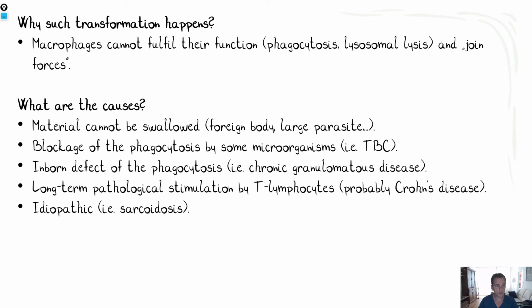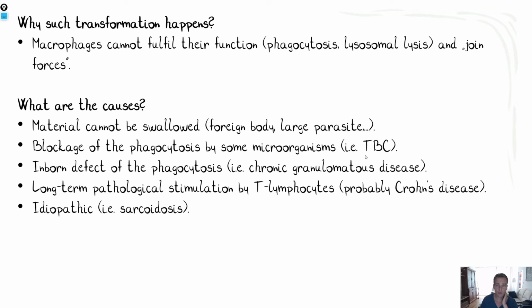What are the causes? The material cannot be swallowed. This is the case for foreign body granulomas. So basically there is nothing wrong with the macrophages. They just cannot swallow the big foreign body. Some microorganisms are able to block the process of phagocytosis. A typical example is tuberculosis.